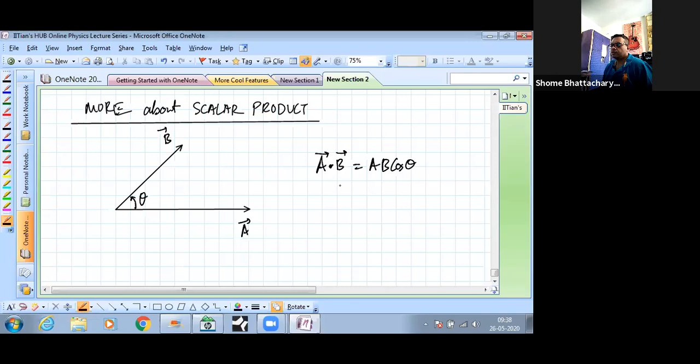Okay, so coming back to this, now in this you can see something interesting, that the quantity B cos theta, if you think about it, what is this quantity? If you drop a perpendicular from B onto A like this, you can see that this quantity here is nothing but B cos theta.